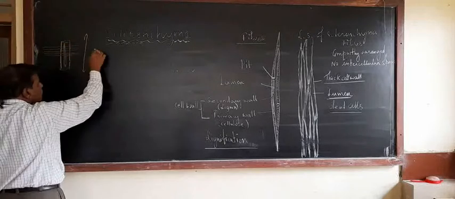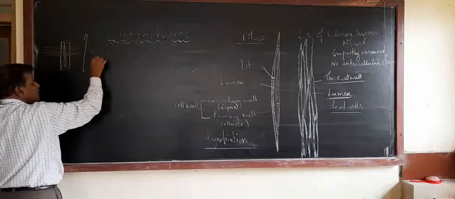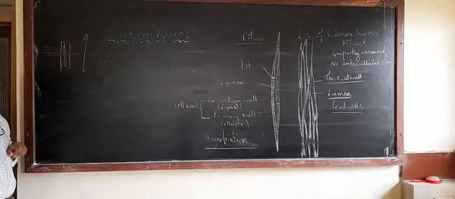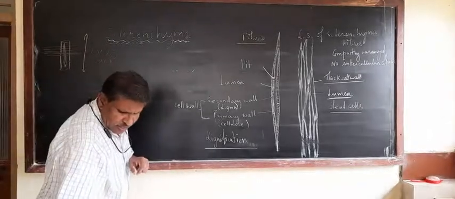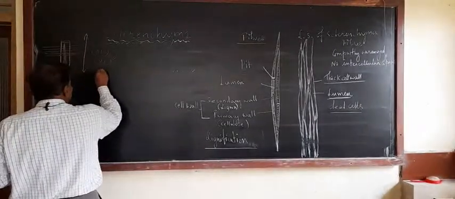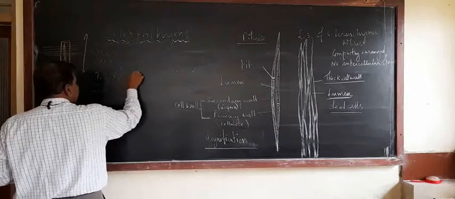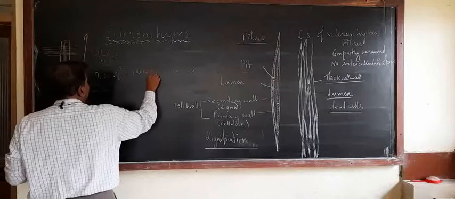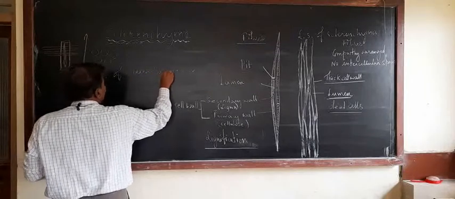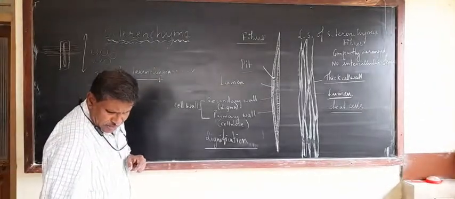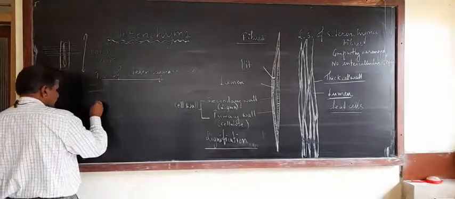If you take transverse sections of the stem containing Sclerenchyma and observe the section under a microscope, you will find the Sclerenchyma tissue more or less like this. Look at this. In transverse section, a Sclerenchyma cell looks like this.